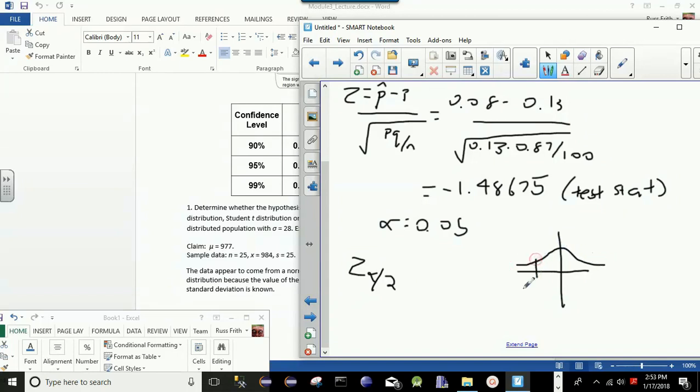So you have minus 1.96, and this corresponds to alpha equals 0.05. Okay, and the z critical of alpha over 2. And the other critical value is 1.96.